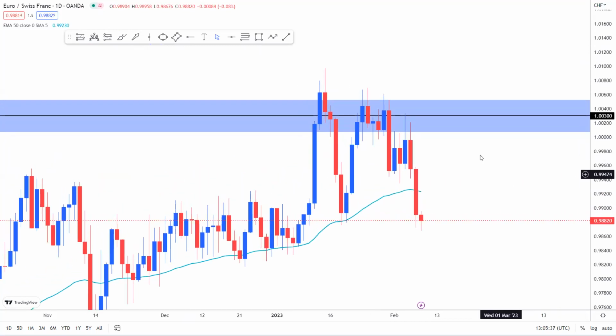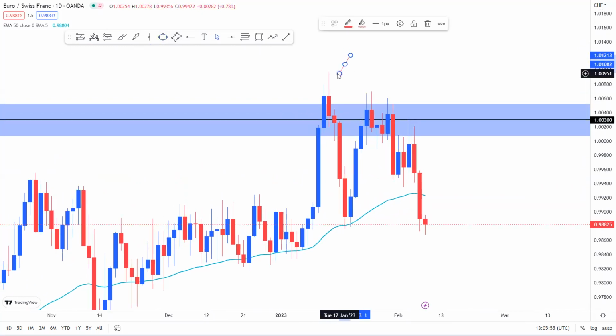From the daily time frame, you can see upon the retest of the level, we had the first sell-off from the level, and then price came back to the level, giving us an even clearer daily double top.